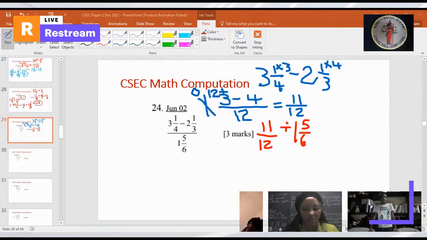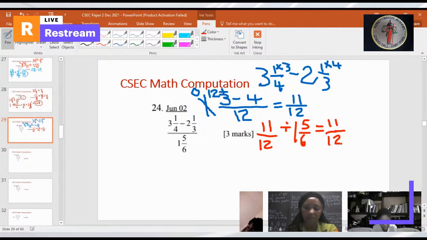All right, John, continue. So what do we do now, John? We're going to change the 1 and 5 over 6 to an improper fraction. I write back the 11 over 12.